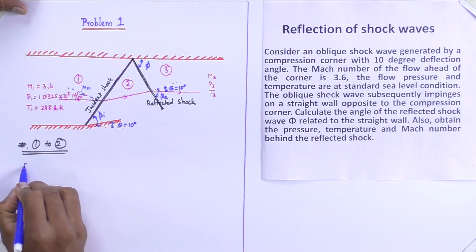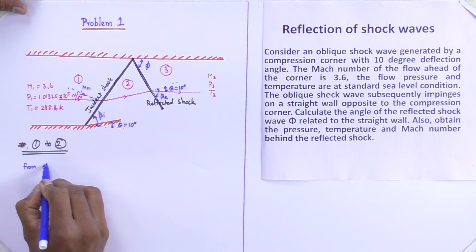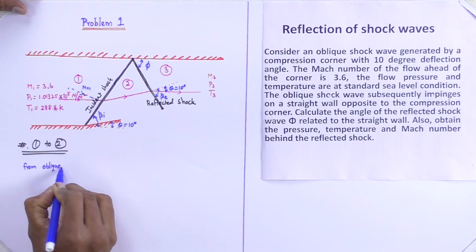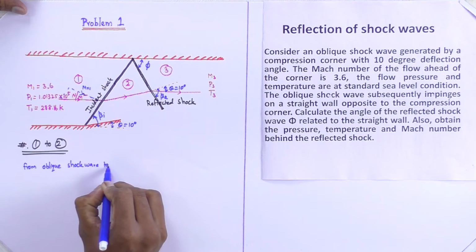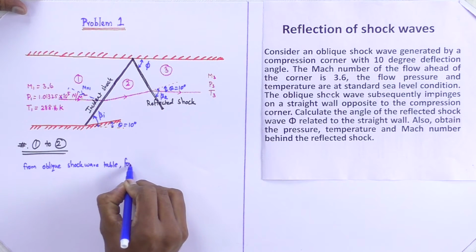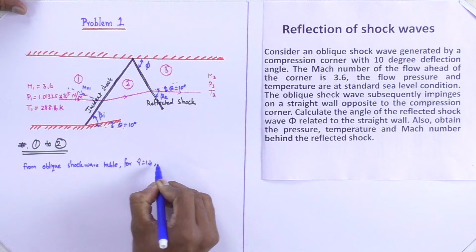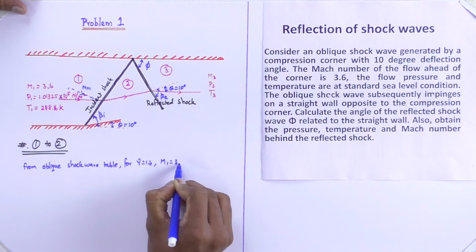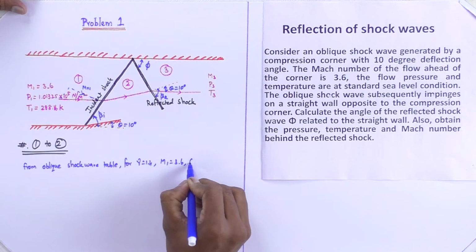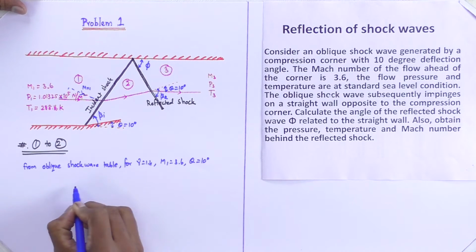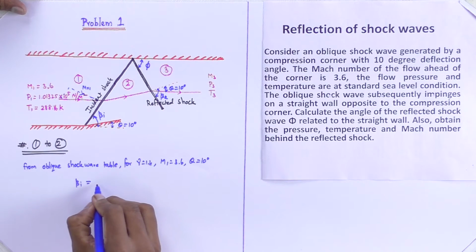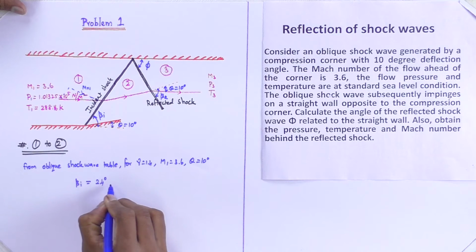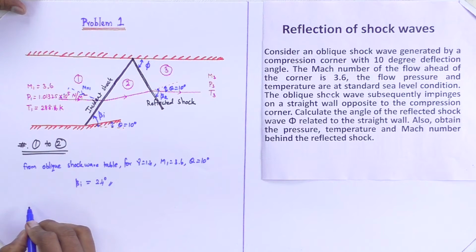From the oblique shock wave table, for gamma equal to 1.4 and M1 equal to 3.6, we know theta is equal to 10 degrees. So the corresponding incident shock wave angle will be 24 degrees from the gas table.